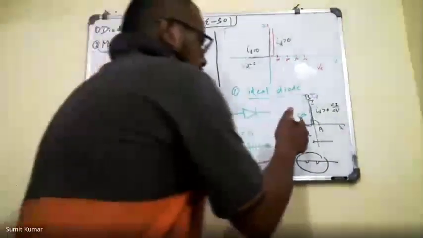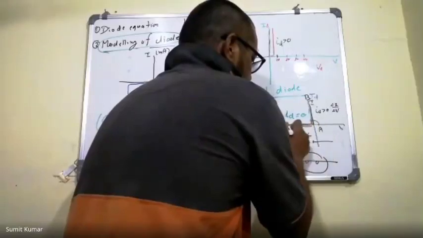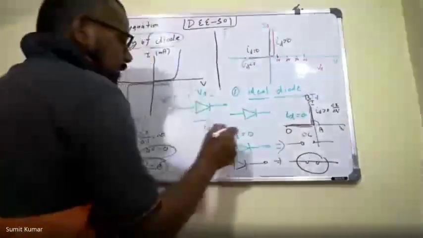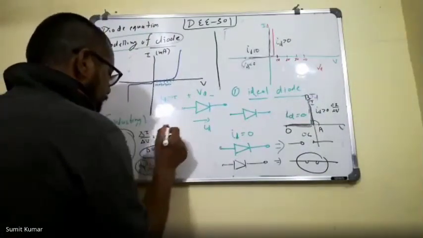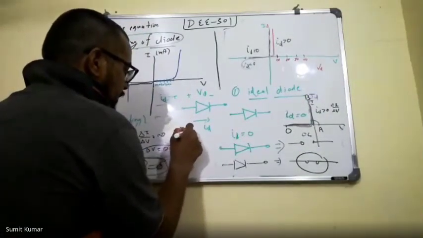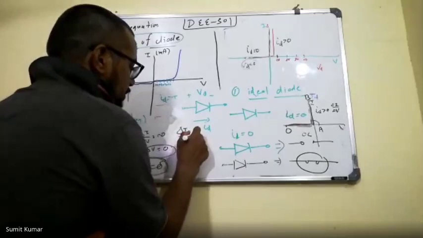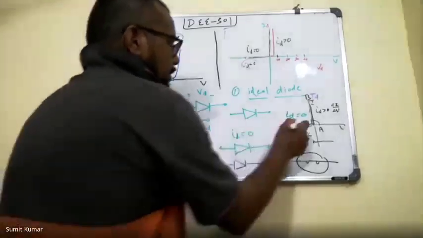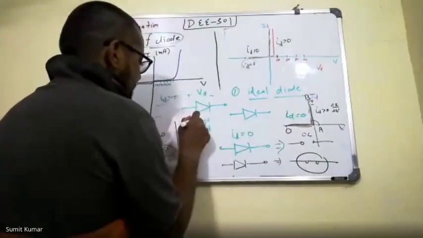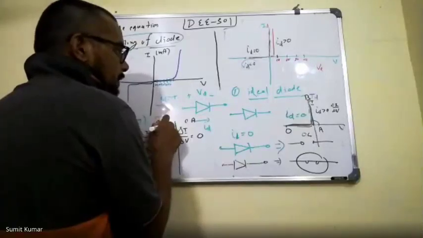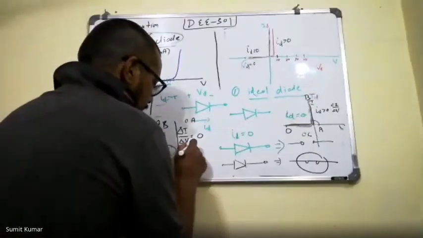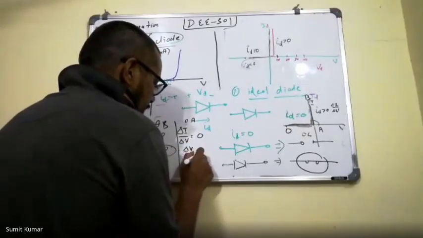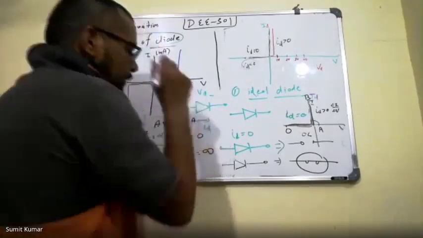If we calculate the resistance for this portion OA, the slope is 0 degrees. It means delta I over delta V is tan 0, which is 0. For OA, delta I over delta V is 0, and the resistance, delta V over delta I, is equal to infinity.